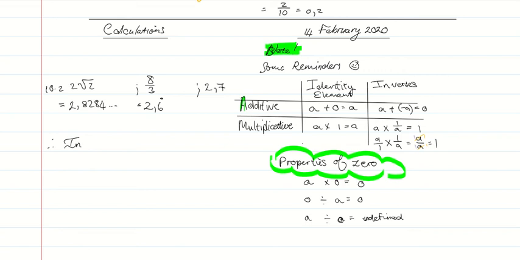They ask me in ascending form, so I'm going to write in ascending order. The answers would look as follows. I will have 8 over 3, 2.7, and square root 2 times square root 2.